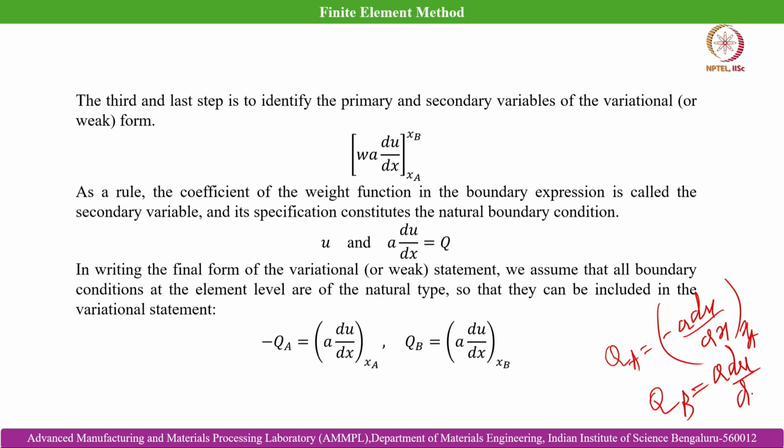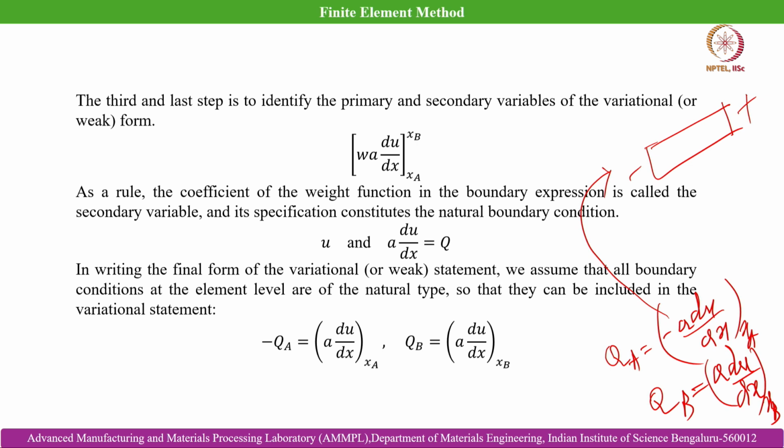For example, if you are dealing with a deformation problem, you can assume one end of the bar; this negative sign is nothing but the direction of the applied force. At one end, if you are talking about application of force, the force is negative, which shows it is of compressive nature, and at the other end it is positive, which shows it is of tensile nature. This is just for your understanding.